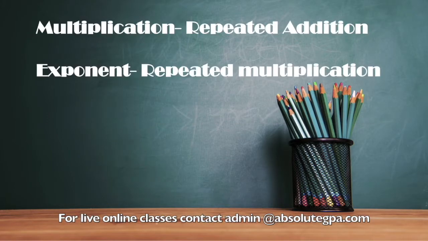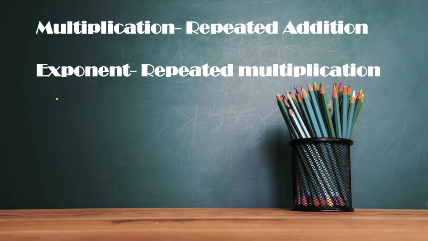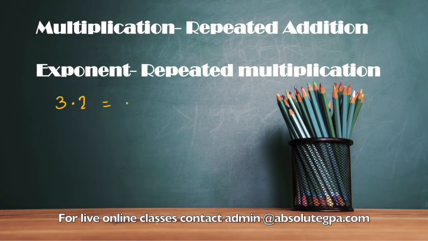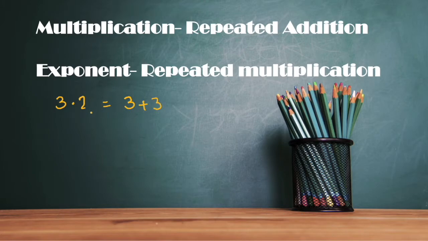We know multiplication is repeated addition, whereas exponent is repeated multiplication. For example, if I say 3 times 2, that means 3 is added to itself 2 times. So we get 3 plus 3 equals 6.